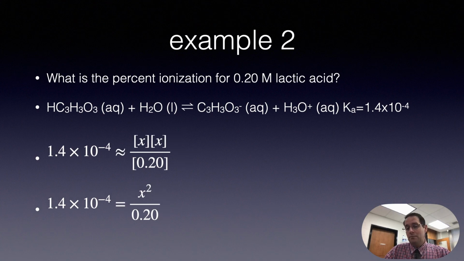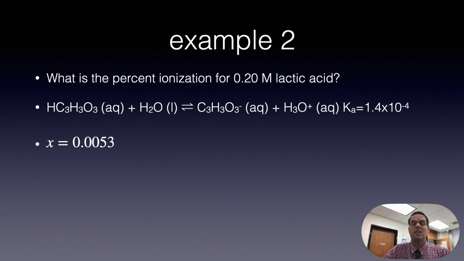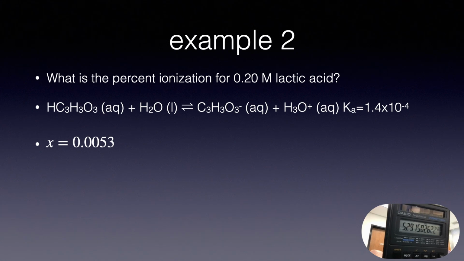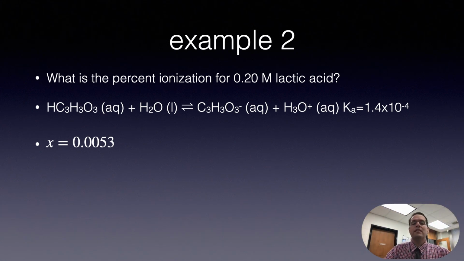Then we combine terms, so we have x squared, and using your calculator you can do the rest of the math. 1.4 times 10 to the minus 4, times 0.2, and then you hit the square root button on your calculator, and I show that result here on this slide. My calculator displays it in scientific notation. That's fine as well. 5.3 times 10 to the minus 3 is the same thing I've written here on this slide. All right, we have x.